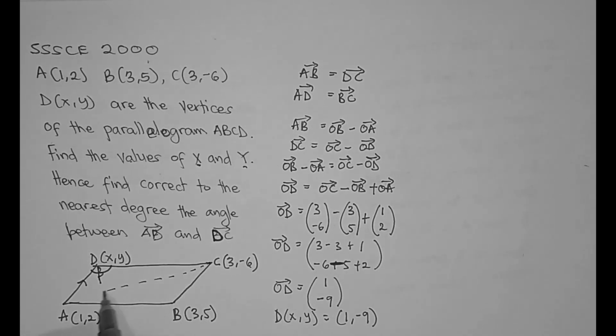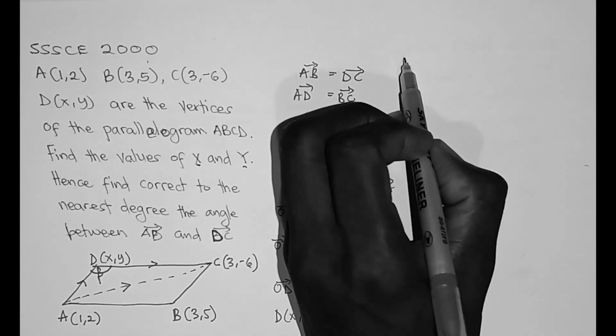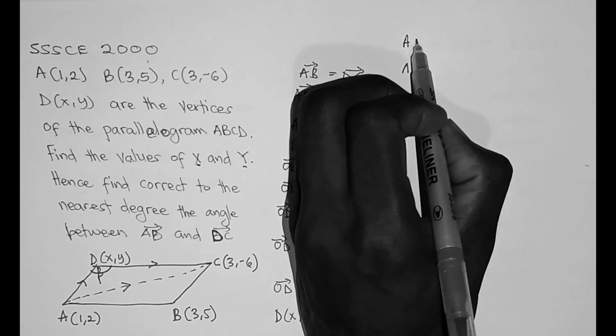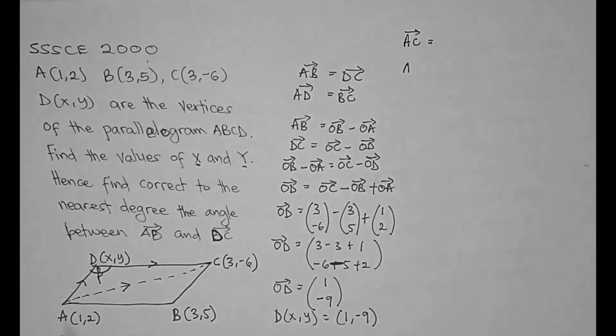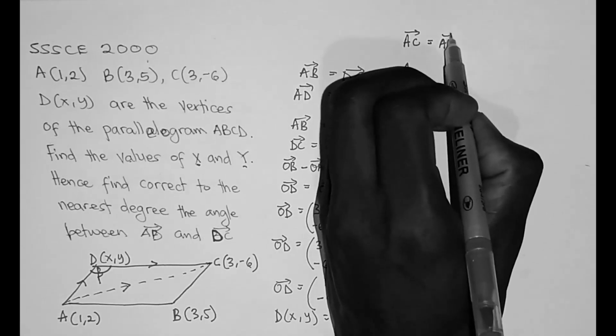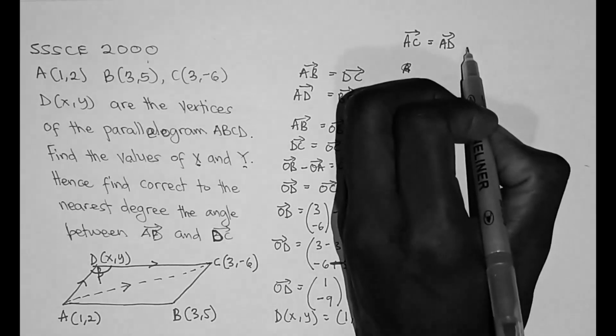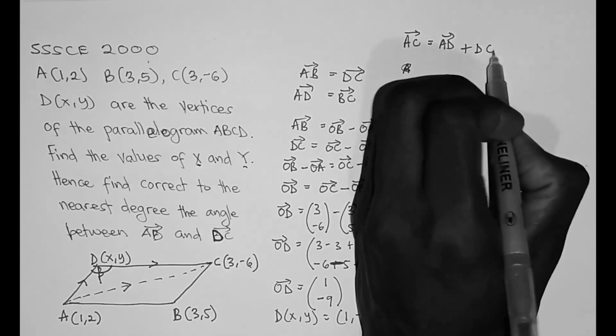So let me divide this into 2. So AD then DC is the same as AC. So in other words, AC vector, let me start from here. Vector AC is equal to AD, which is this vector AD, then plus the vector DC, so plus DC.